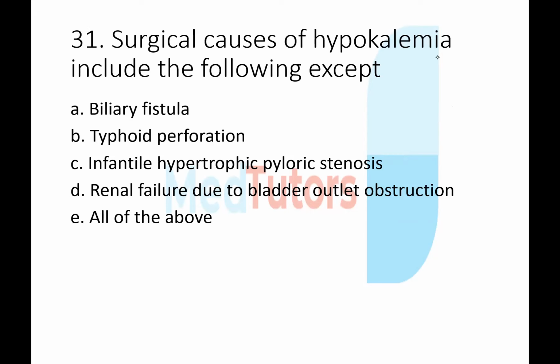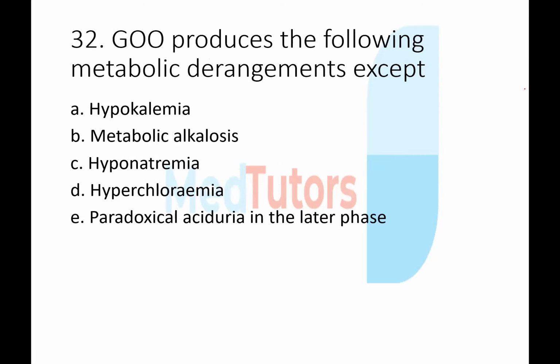Now, if you look at this question, all these conditions will cause loss of potassium except D. Biliary fistula, there will be loss of potassium via the fistula. Typhoid perforation, most of the time they present with hypokalemia. Infantile pyloric stenosis, they vomit, and the vomitus contains a lot of potassium. Why D? They tend to retain potassium.